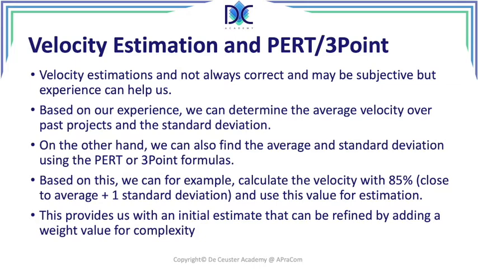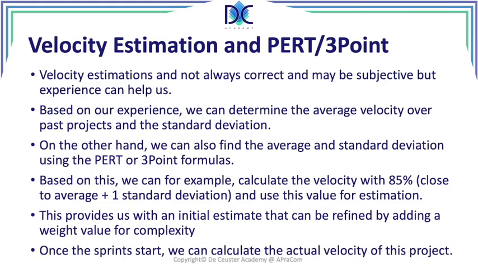When we have a more complex project, we can look at the weight of the project. We can add some coefficient to increase or decrease that value based on the complexity. Once the sprints start, we can calculate the actual velocity of this project.